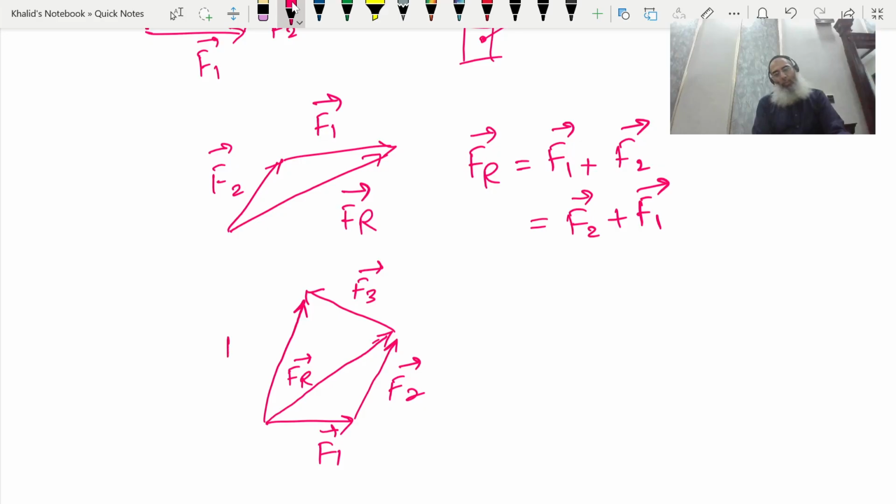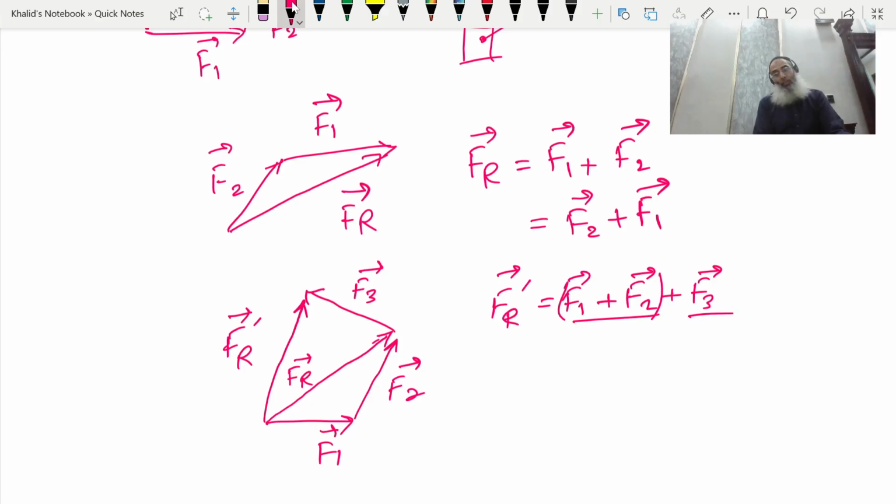And I call it FR prime. So this FR prime is actually the resultant of, if I write it in the form of an equation, F1 plus F2 plus F3. First, I added F1 and F2, and then I added the resultant of F1 and F2, that is FR, to F3 to get FR prime.